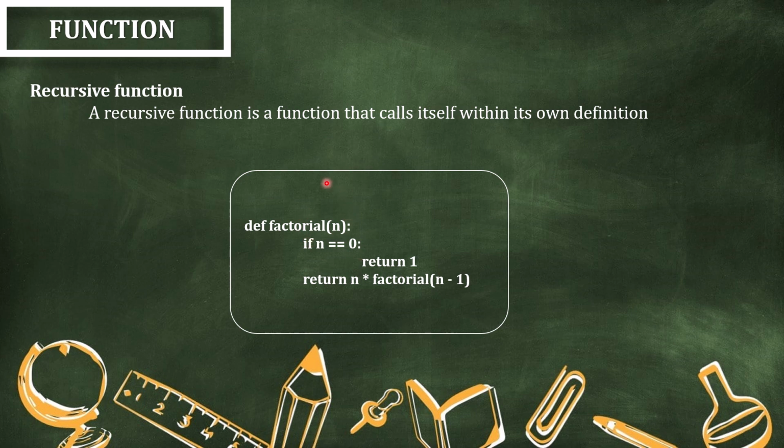We have a formal parameter n, and we check whether the value of n is equal to 0. If it is equal to 0, we return the value 1. Otherwise, we move on to the next statement, as it is a selection control. Here, within this function definition itself, we have a function call again. That is why it is called a recursive function.